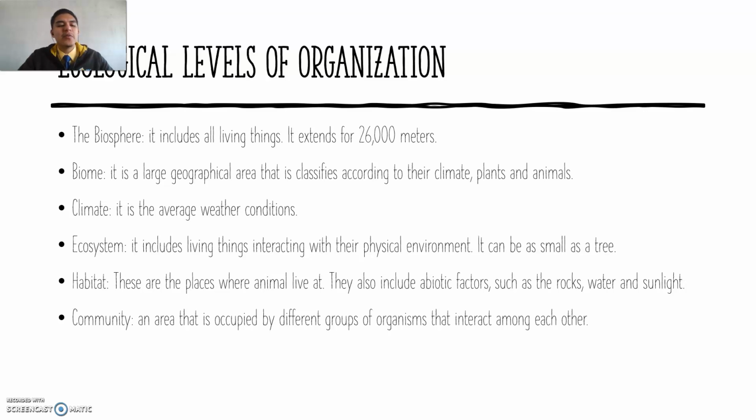So basically, the community where all of those species live together and interact among each other is classified as community. In population, it is the amount of organisms of the same species that live at a certain location. Going back to the example in Canada, let's suppose that there are, I don't know, 5,000 deer living in the wild. So the 5,000 will be the number that represents the population for that specific location.